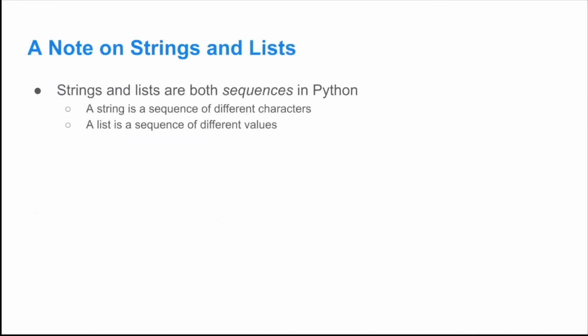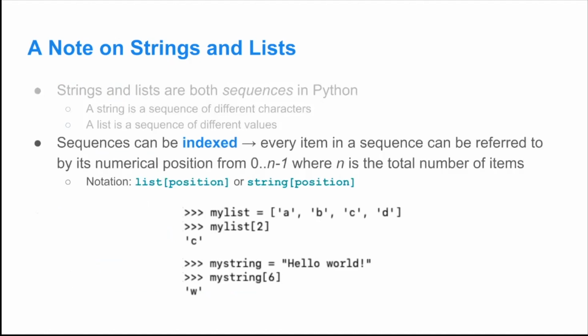So a quick note on strings and lists. You might have noticed that I defined both of them as sequences in Python, and you can consider a string a sequence of different characters and a list as a sequence of different values. And what this means is that because they're sequences, they can both be indexed. This just means that each item in a list or a string can be referred to by its numerical position from index 0 to index n-1, where n is the total number of items.